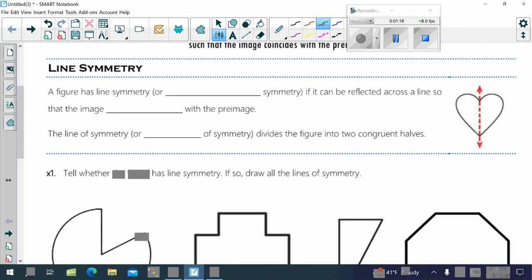Line of symmetry. A figure has line symmetry, or reflection symmetry, if it can be reflected across a line so that the image coincides with the pre-image.